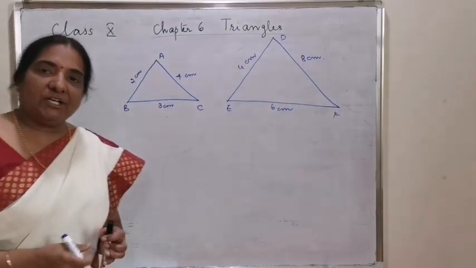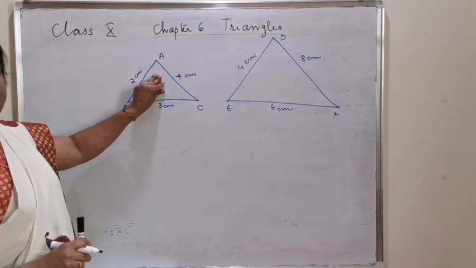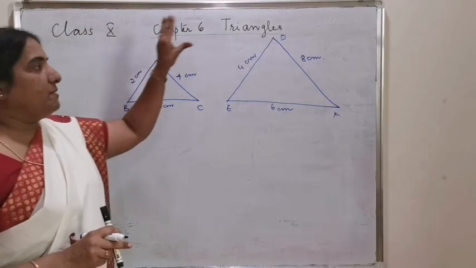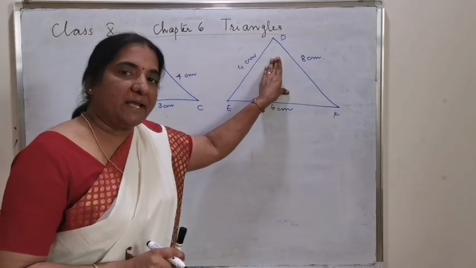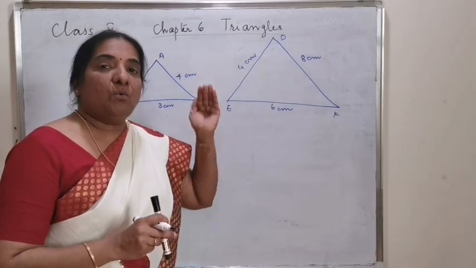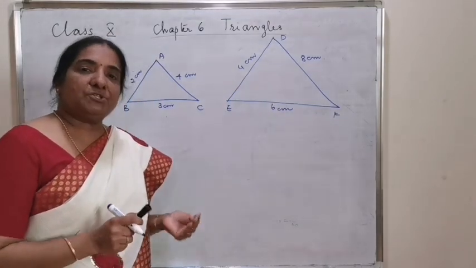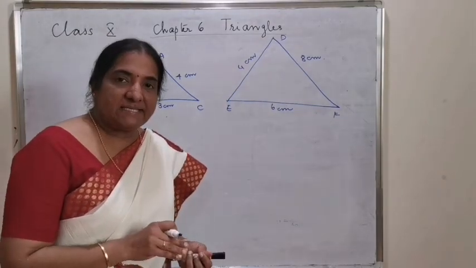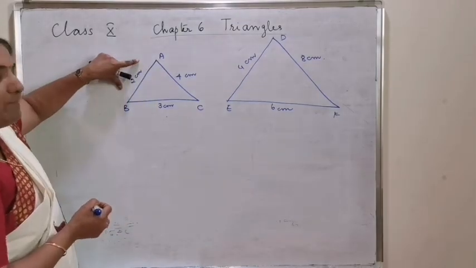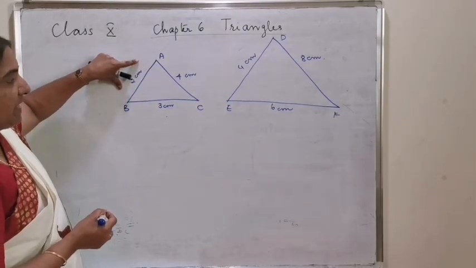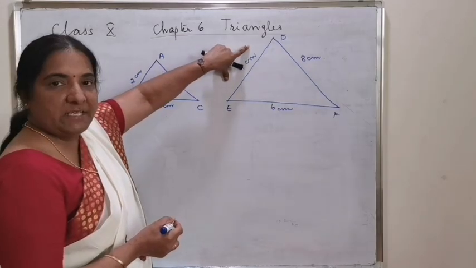You can see here triangle ABC has got magnified into triangle DEF, and what happened to the ratio of the sides? Side AB is 2 cm and side DE is 4.